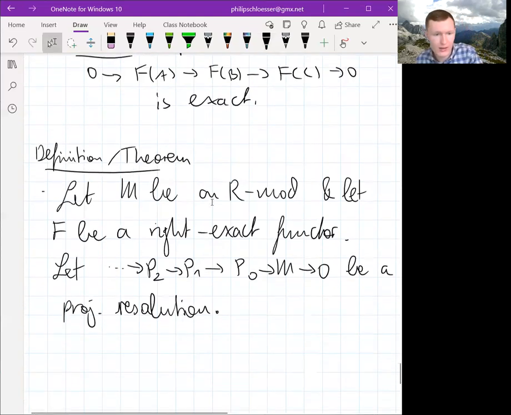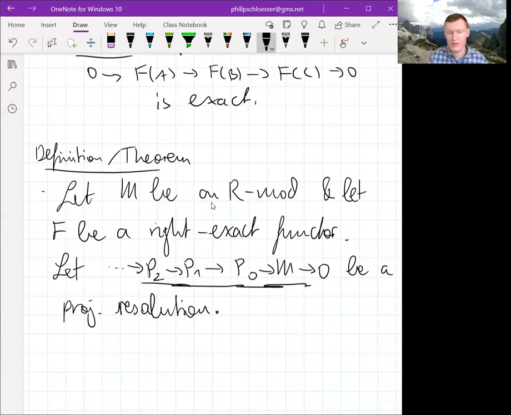Then we can apply our right exact functor to that. This thing here is an exact sequence. If we apply our right exact functor to it, it's probably not going to be an exact sequence anymore, but it is going to be a chain complex. And this is exactly because F is right exact.